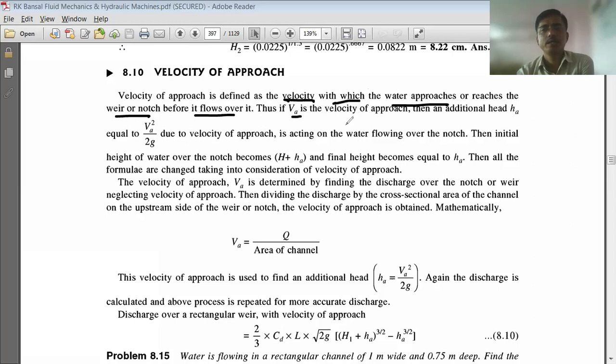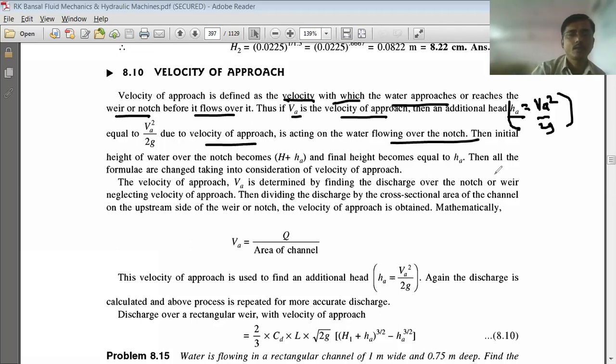Thus, if VA is the velocity of approach, then additional head HA equals VA square upon 2g, due to velocity of approach. In bracket you can write: additional head due to velocity of approach is acting on the water flowing over the notch.